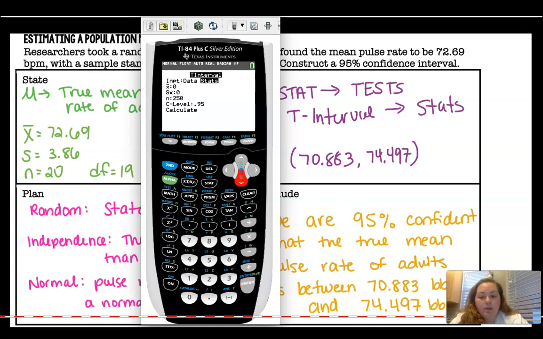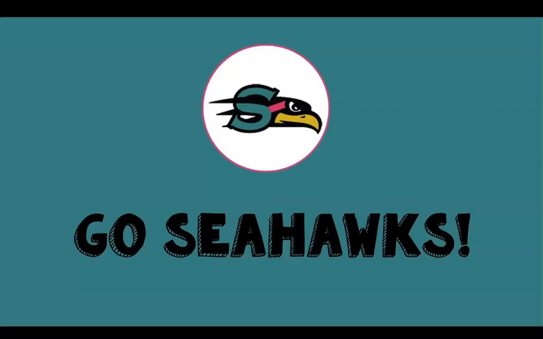X bar we enter as 72.69, SX, the sample standard deviation, as 3.86, and n as a sample size of 20. Our confidence level is 0.95. I hit calculate, and we get 70.883 to 74.497. So that's how you do that in your calculator.